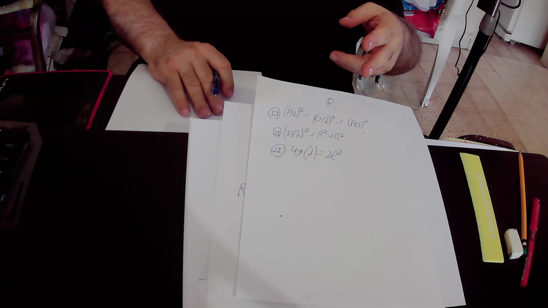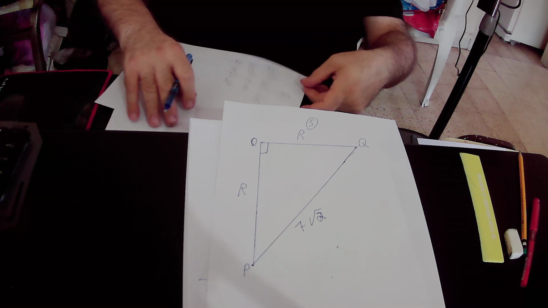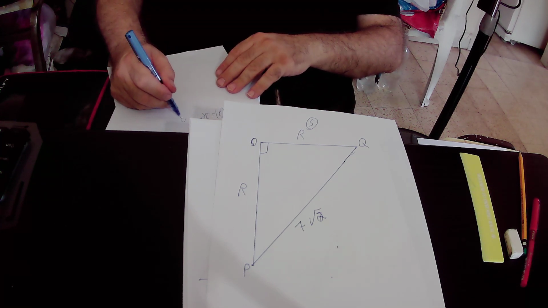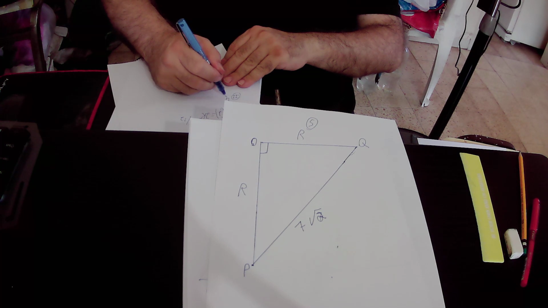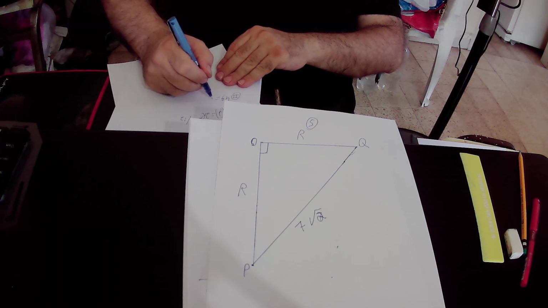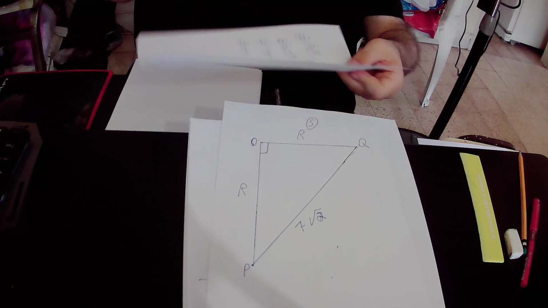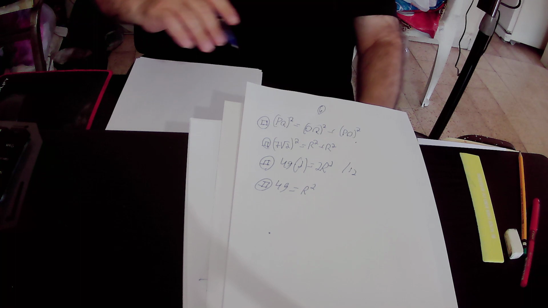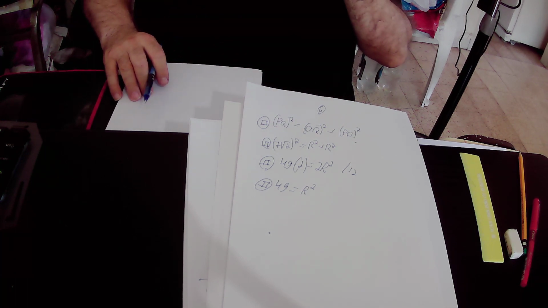We can divide equation number 2 by 2. So we divided equation number 2 by 2. We got that 49 equals R square.